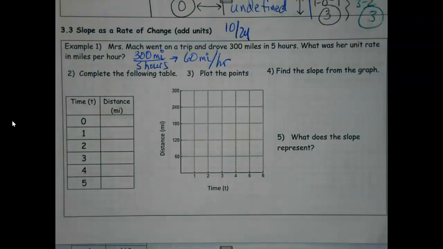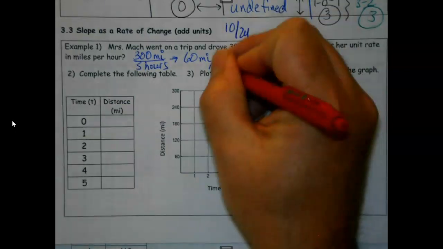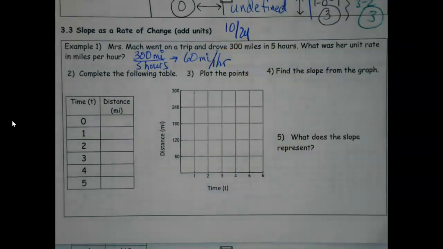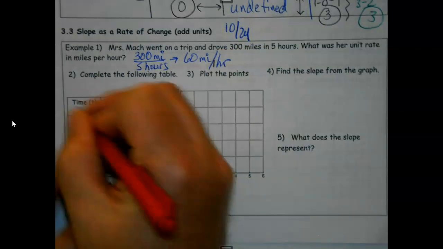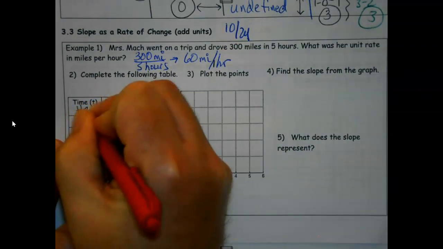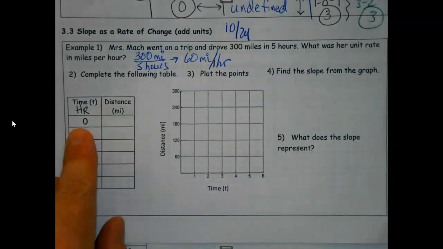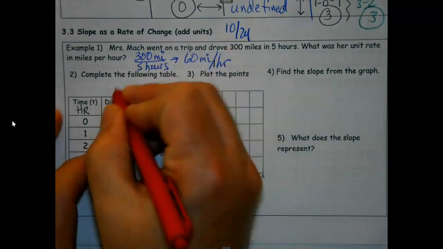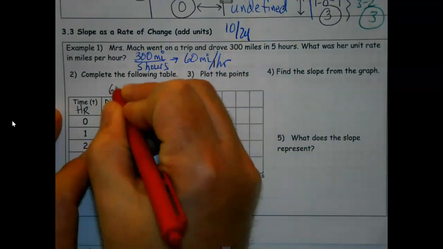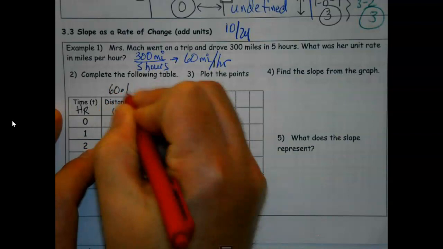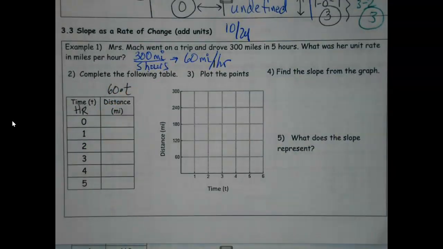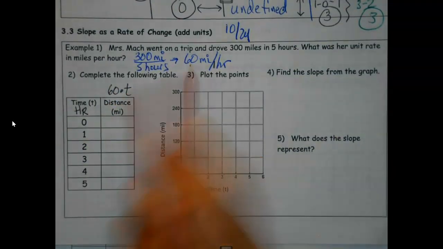I need that in order to make my table, my chart. Because all I'm going to do basically is say, if I can go 60 miles every 1 hour, our time is our hours in this case. So for my distance, I'm going to do 60 times whatever time it is. Whatever my rate is, times time.